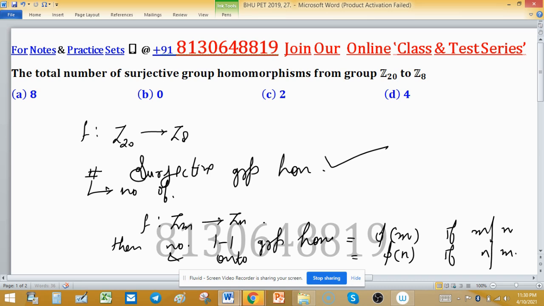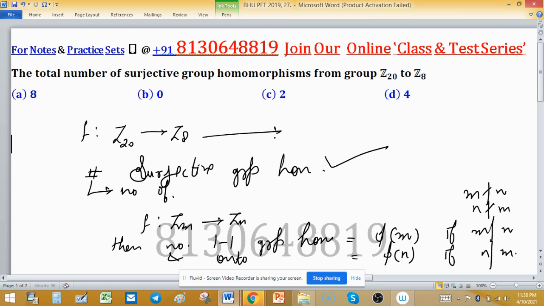There is no one-one group homomorphism if m doesn't divide n. Also, there is no onto group homomorphism if n doesn't divide m. This is the basic concept.